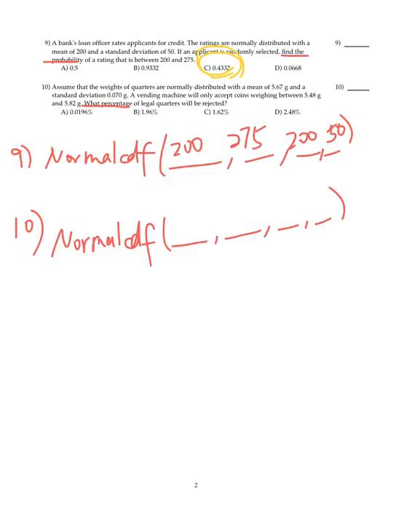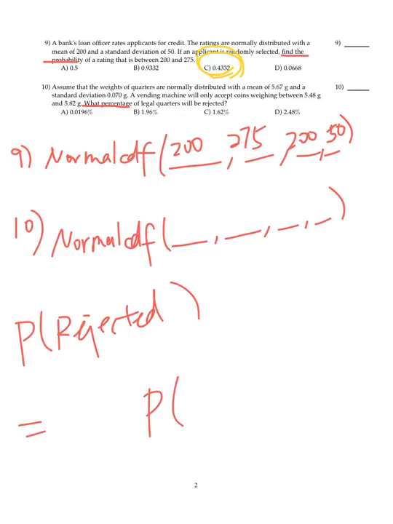The vending machine will only accept coins weighing between this and that. So if we are looking for the probability of the quarters being rejected, we can find the probability that the quarter will be accepted. 1 minus the probability for accepted is the probability for rejected, right?